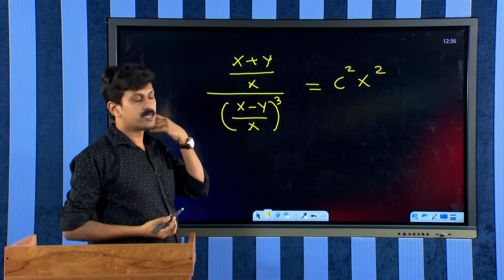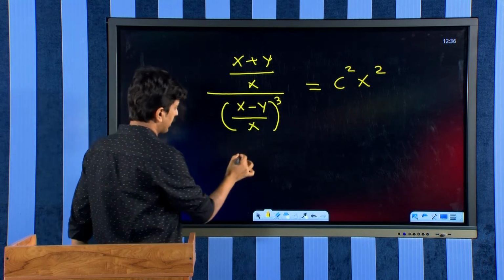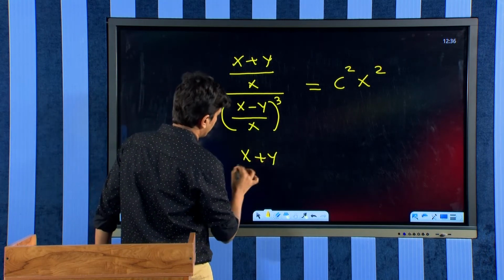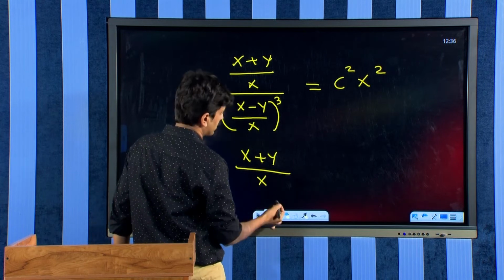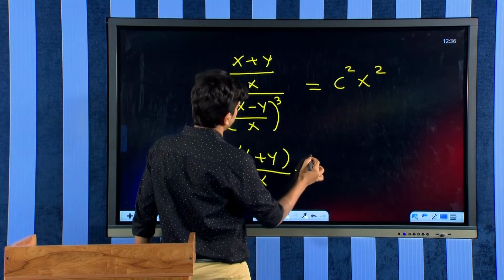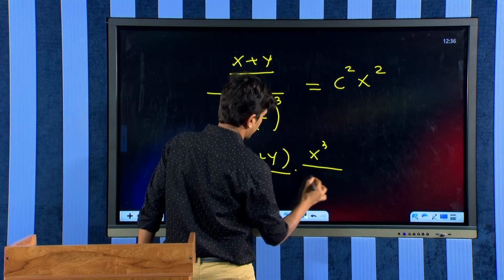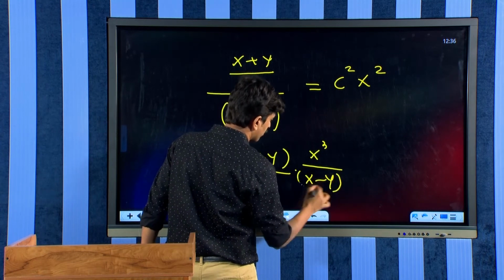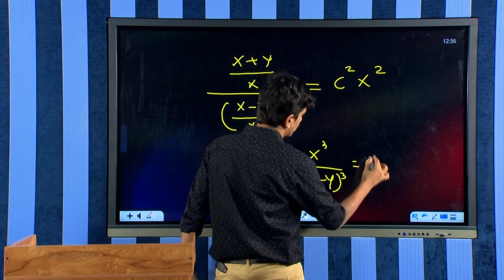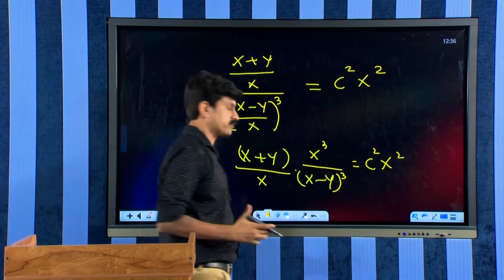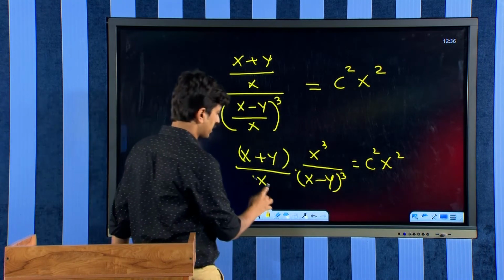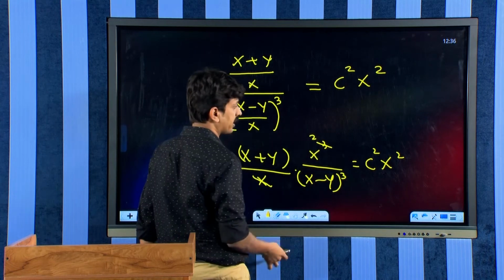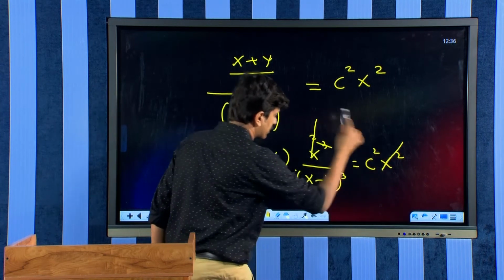So, we will have x plus y divided by x into x cube divided by (x minus y) whole cube is equal to c square x square. We can cancel one x from here, we will have x square, and we can cancel this x square and that x square.